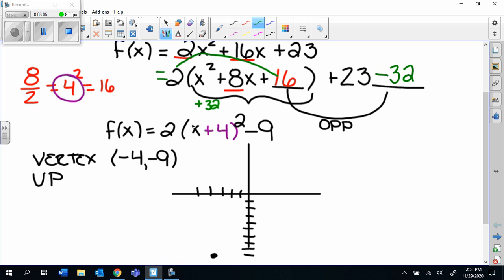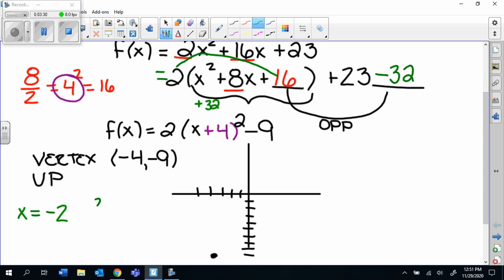If I plug in any number here for x, let's see if I get too big of a number if I plug in 0. 16 times 2 is 32. Take away 9. I really don't want to go up 23 spaces. So let's pick maybe x equals, let's try negative 2, just to make that a little bit smaller.